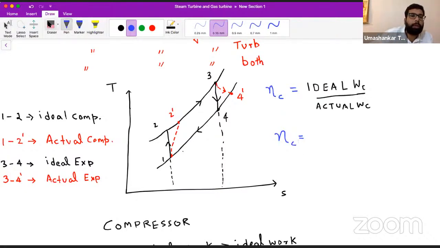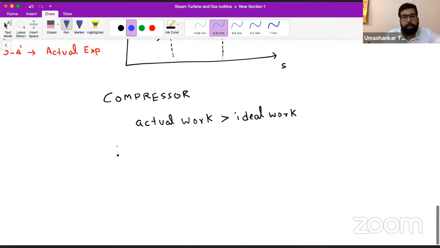Now let us talk about turbine efficiency. With the same fundamentals, can we say that in a turbine we obtain work? When the loss happens, we obtain less.